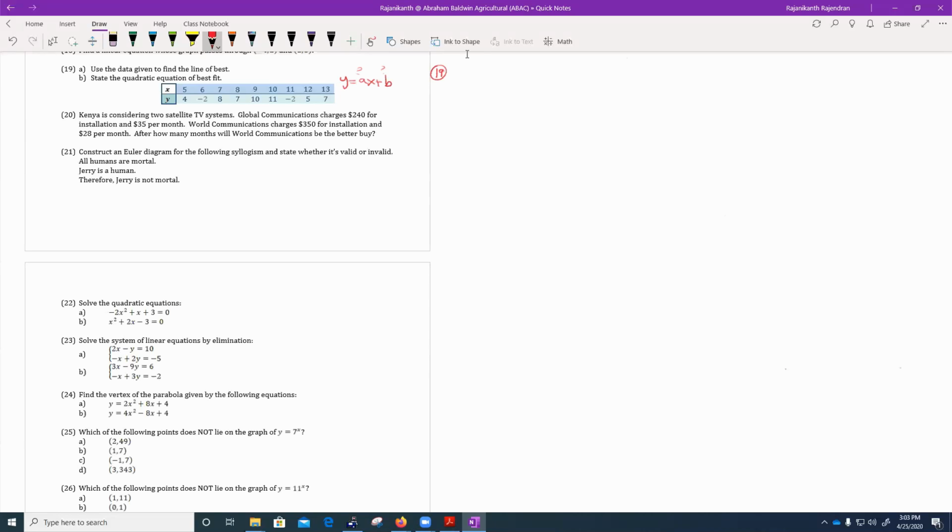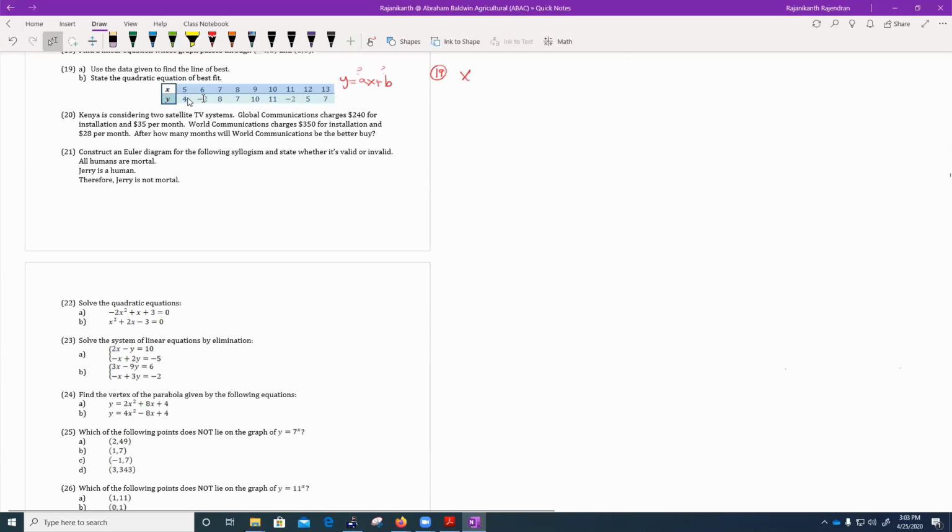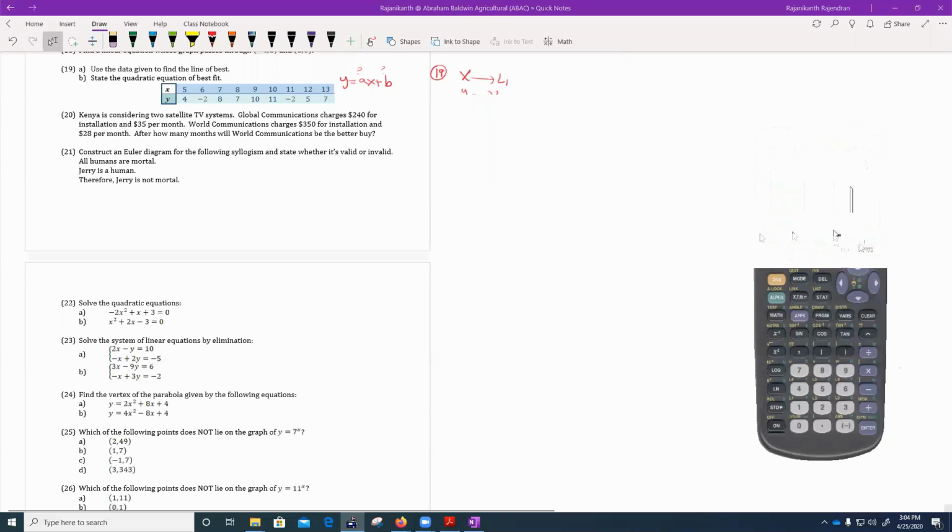First let us feed in the data values. Let me clear this first. I'm entering my x values into the L1 column and y values into the L2 column on the calculator. Let us enter all the x values: 5 to 13, so 5, 6, 7, 8, 9, 10, 11, 12, and 13.